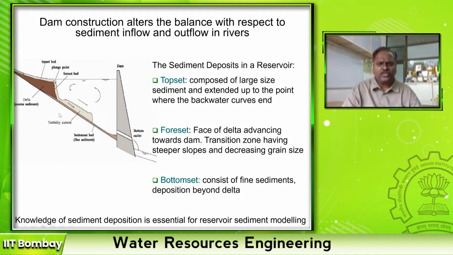It is the transition zone having steeper slopes and decreasing grain size. Bottom set is nothing but fine sediments that deposit in very low quantity in the dead storage. Right? So knowledge of sediment deposition is essential for designing this reservoir dead storage volume, right?